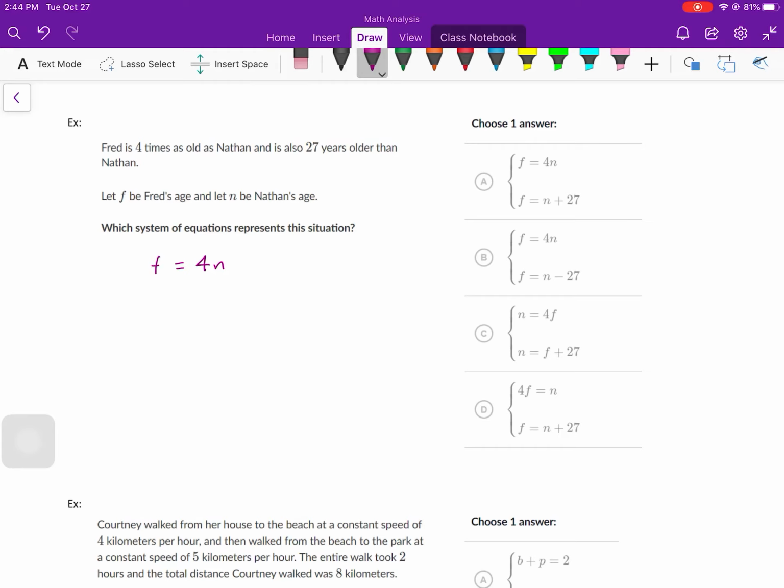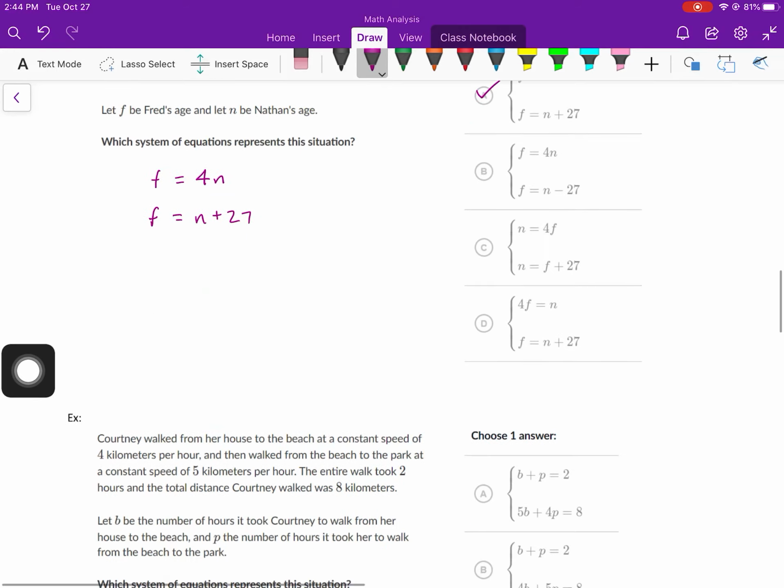We also know Fred is 27 years older, so it'd be N plus 27, right? So that also looks like A. So you just read these, be careful. Here it's saying Nathan's 4 times the age of Fred, but no, Fred's 4 times the age of Nathan.